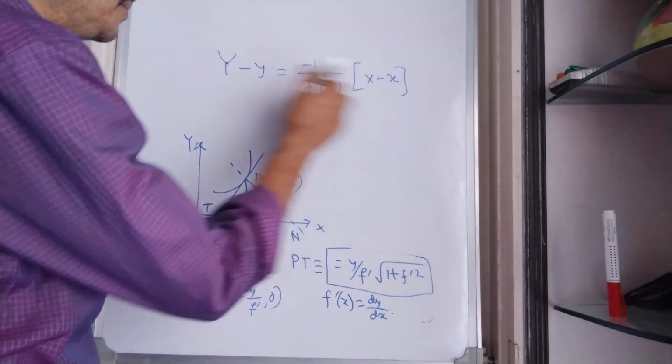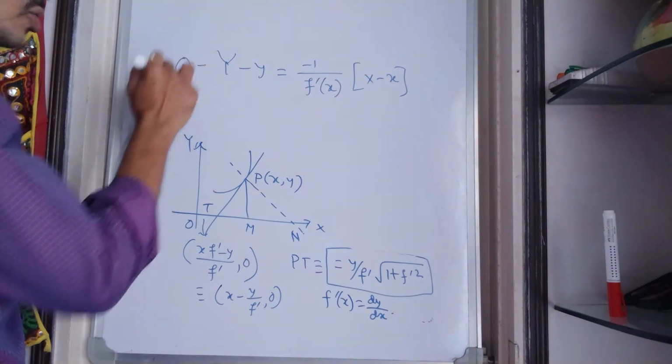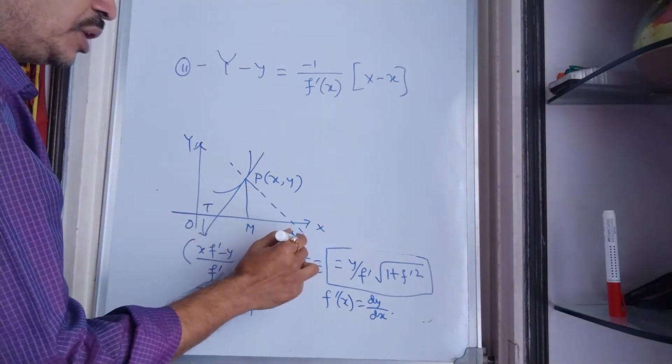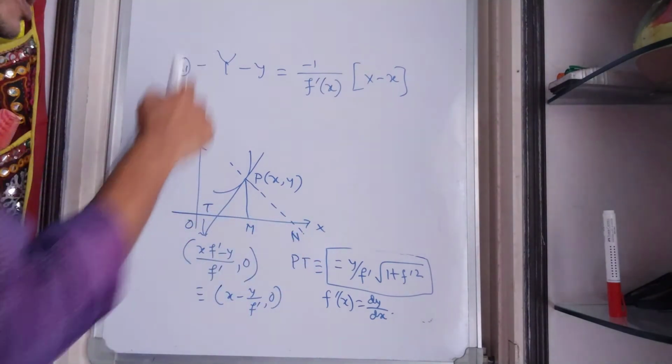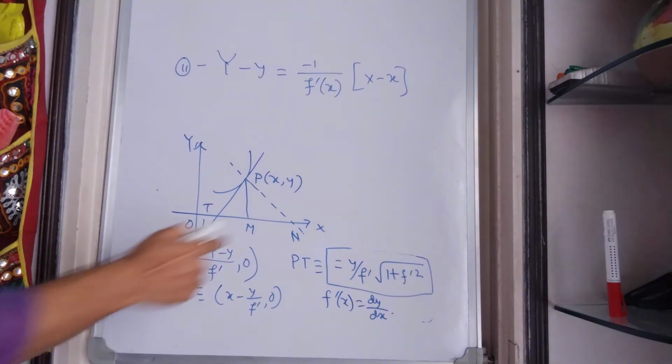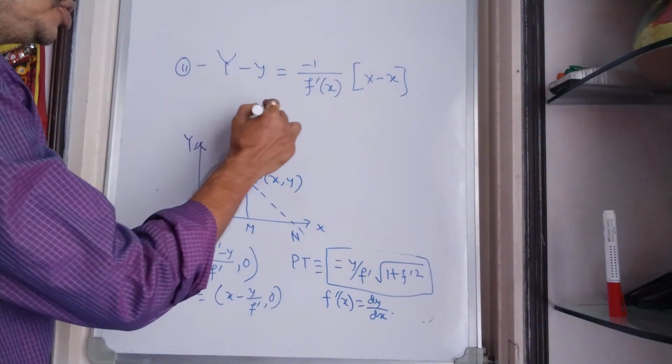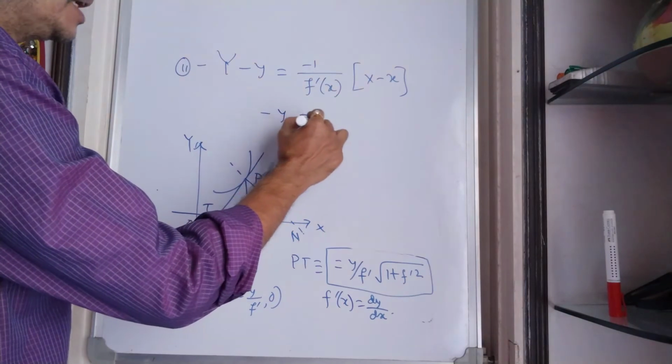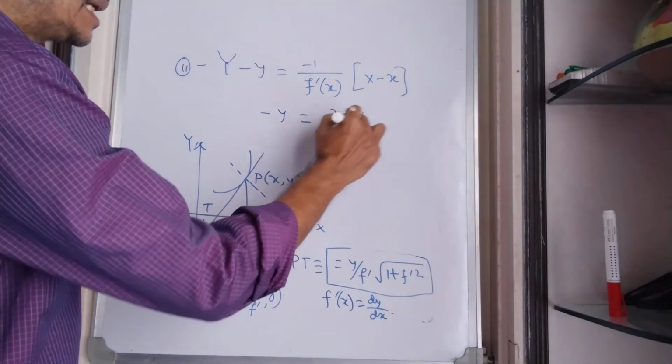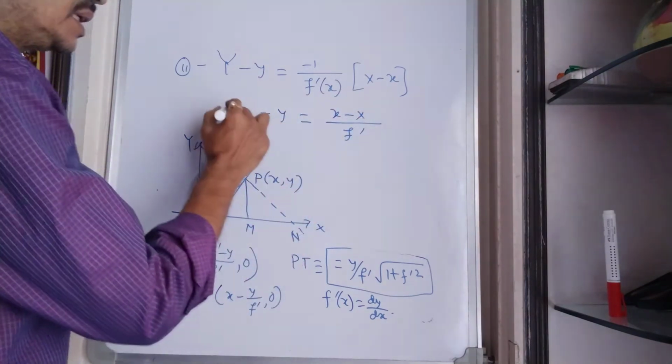And this equation also gives the coordinate of N when we put capital Y equal to 0, because at the x-axis we have capital Y equal to 0, and it becomes minus y equal to (x minus capital X) by f prime, isn't it so?